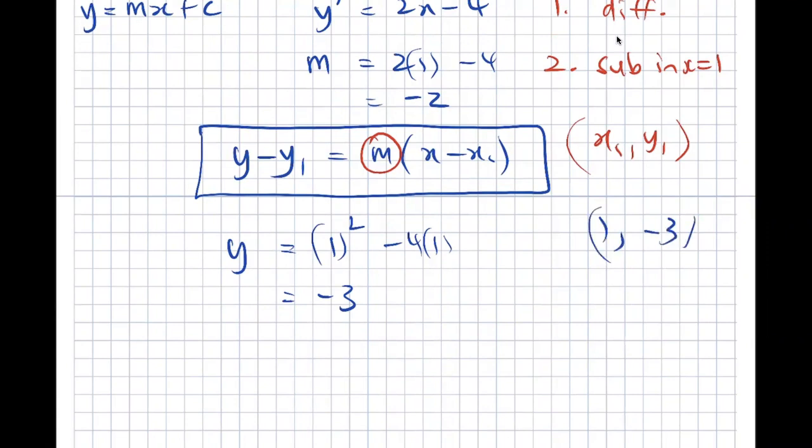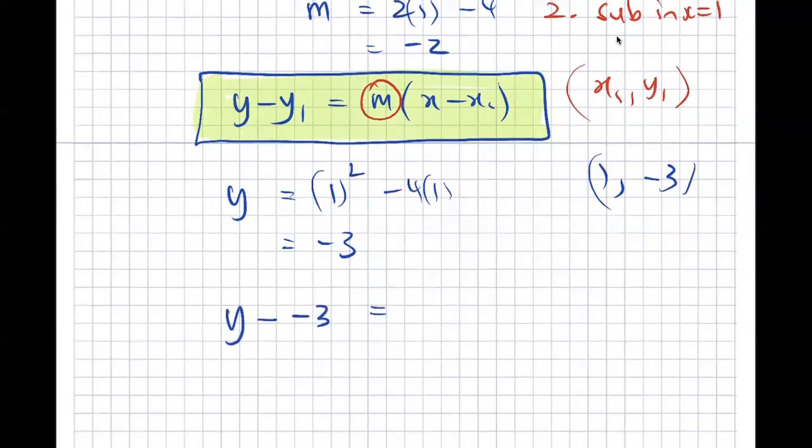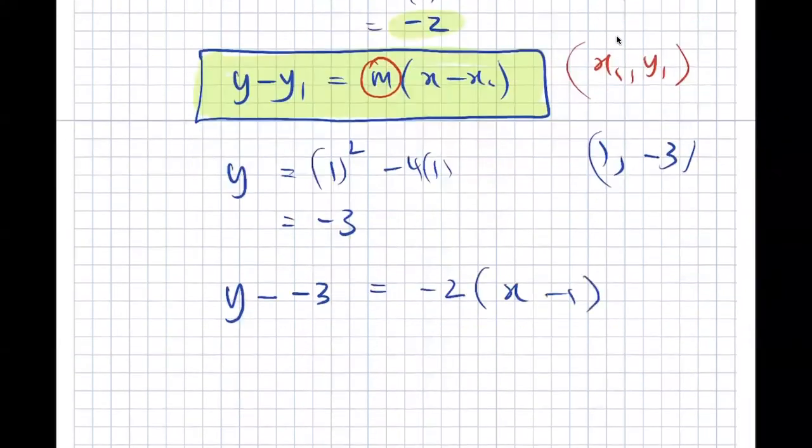Okay, so we're ready now to substitute into that equation that we're given here. So there's my nice equation ready to substitute in. So y minus negative 3. m we worked out as negative 2. Okay, here's m, negative 2. And then x minus 1.